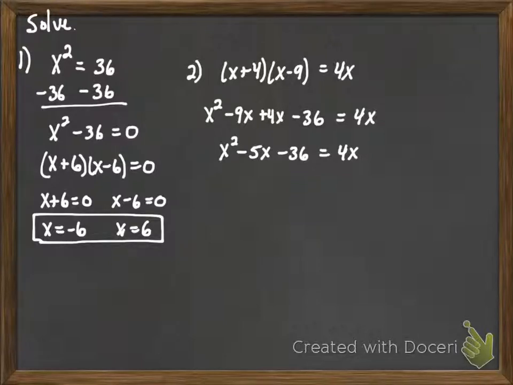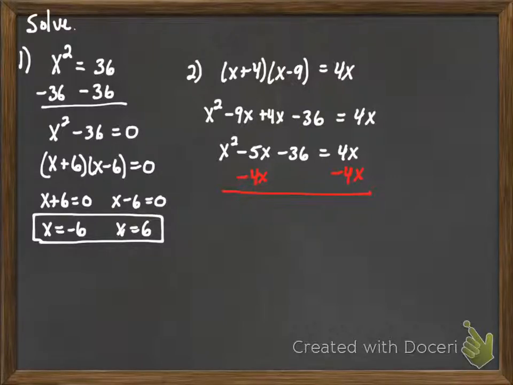Now I want to get one side equal to 0. Typically, you look for the easiest one, and I also typically look to keep things on the side so that my squared term is positive. So I want to get rid of that 4x. I subtract it from the right hand side, and I have to also subtract it from the left hand side.